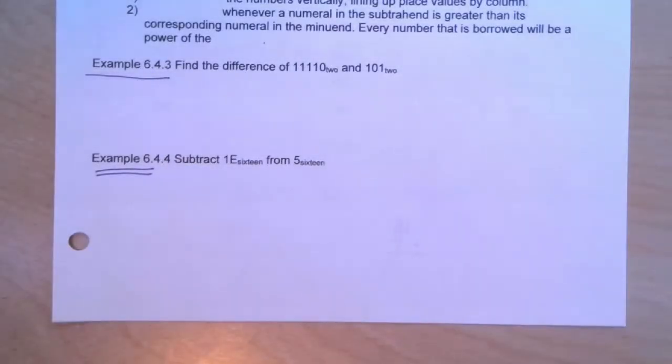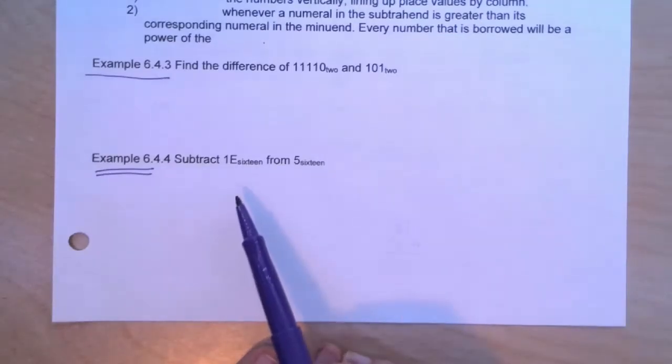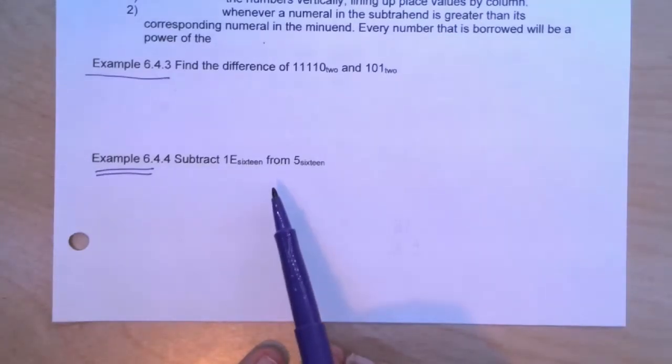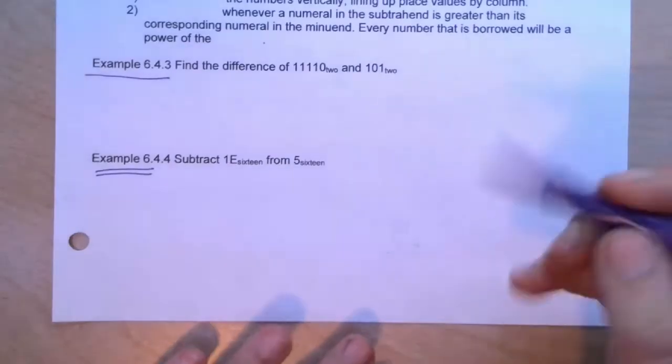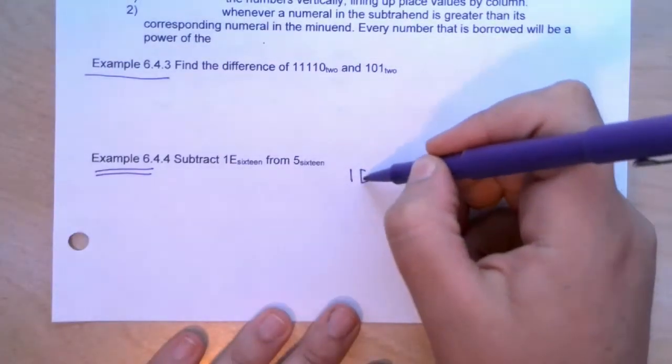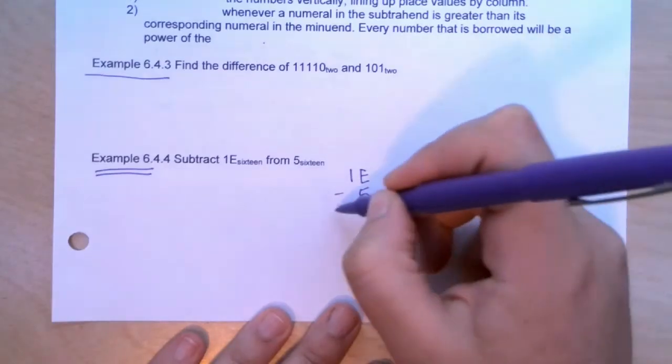Subtraction in binary is going to work in a very similar way, but it's still going to be a little bit confusing. So what we're going to focus on is subtracting in hexadecimal. So we have 1e, because that's the bigger one, and we're going to subtract 5.